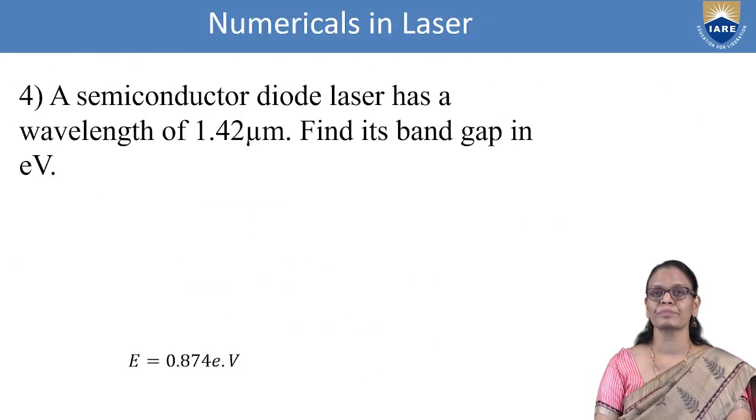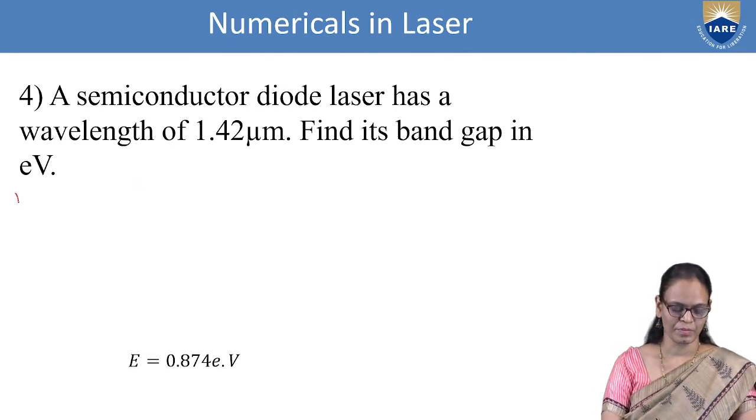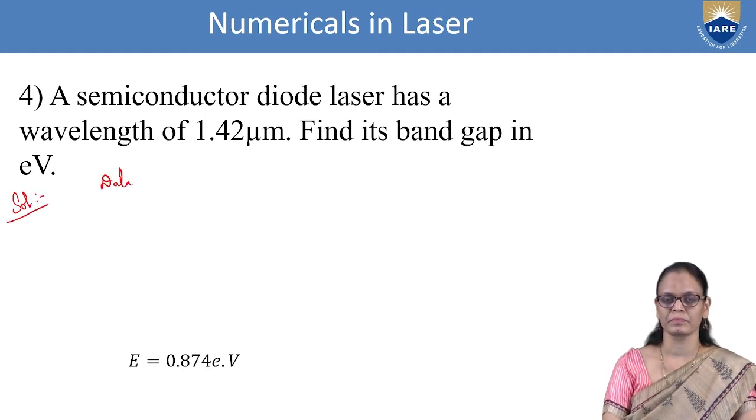Now one more. A semiconductor diode laser has a wavelength of 1.42 micrometer. Find its band gap in electron volt. First write the data. Lambda is equal to 1.42 micrometer.